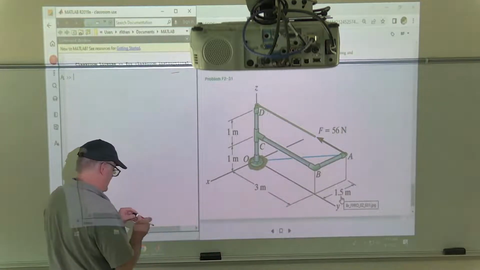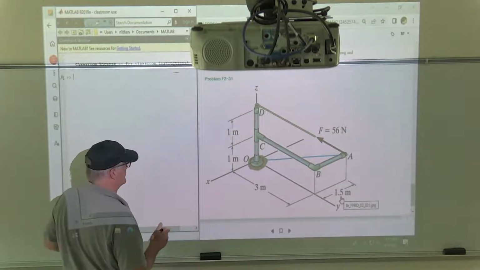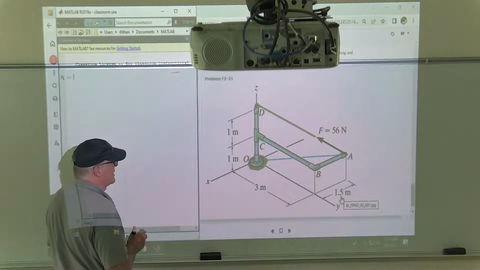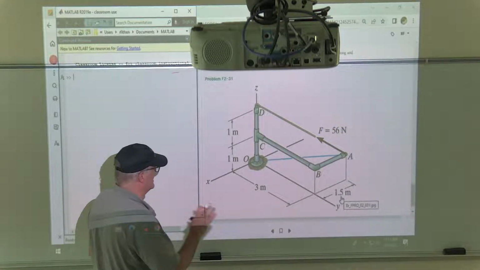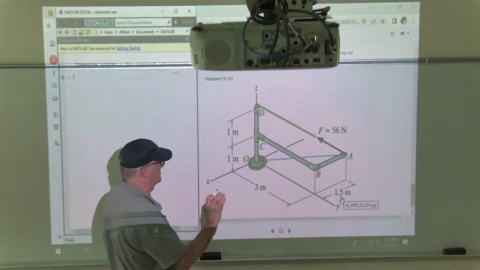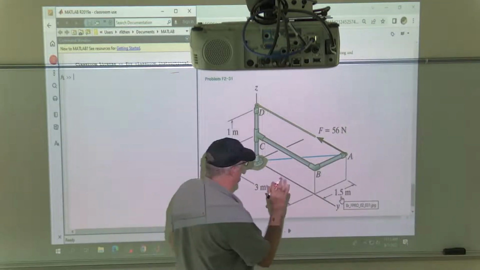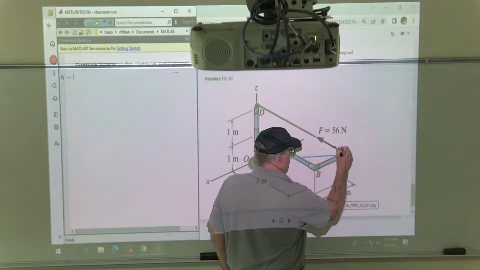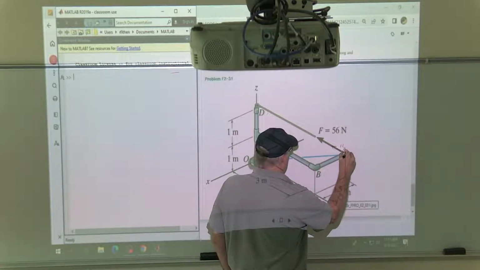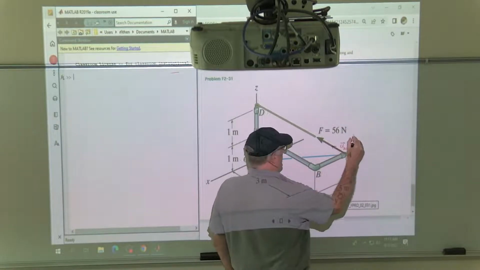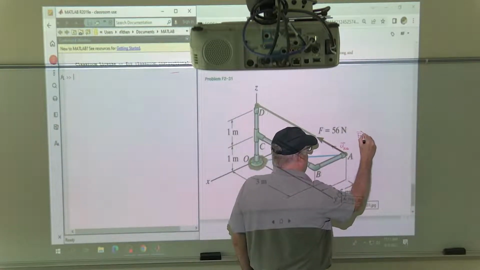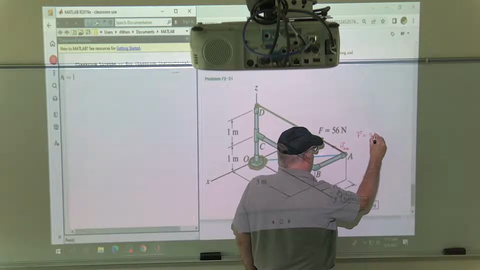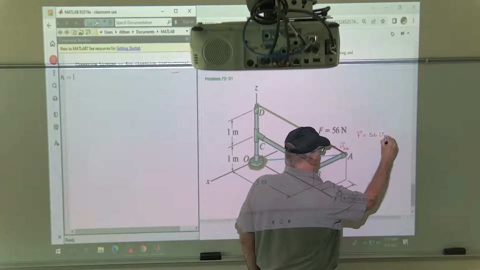So first of all, there's two ways to do this. But one, the most important way is I have to come to the point where I find the unit vector going from A to D. And then if I want to write this force as a vector, I would multiply 56 times the unit vector from A to D. Now I got to go after that.